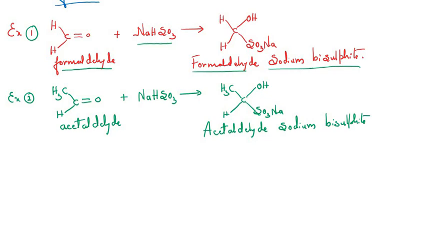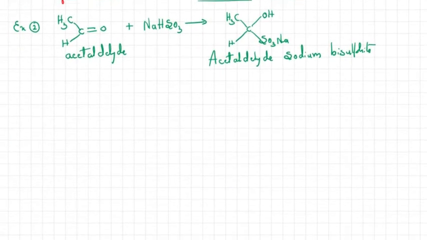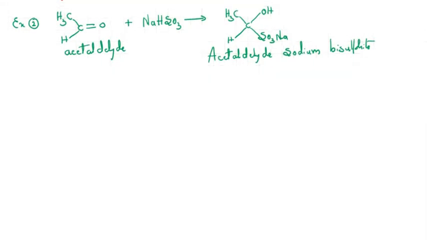Right, students? So let us take one more example, that is example 3, with respect to benzaldehyde. In case of benzaldehyde, here you can write C6H5, C double bond O and one hydrogen.